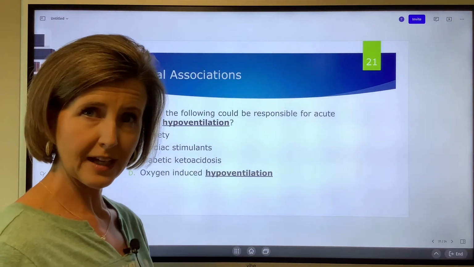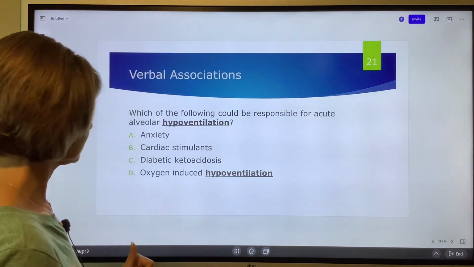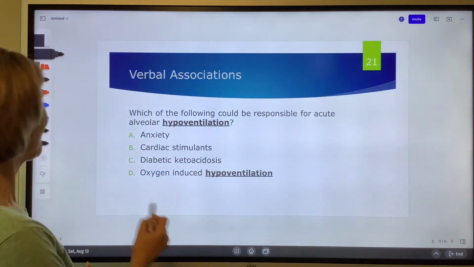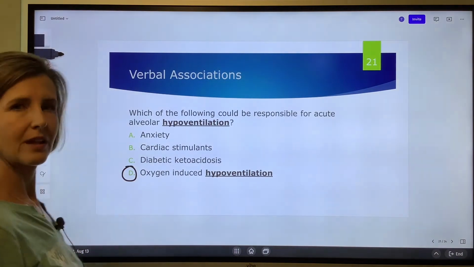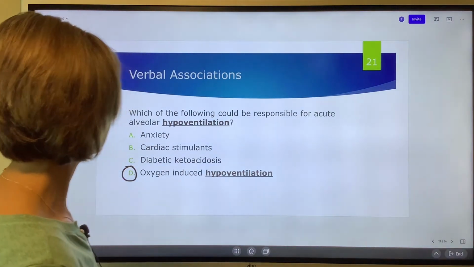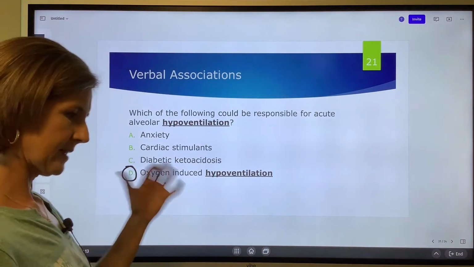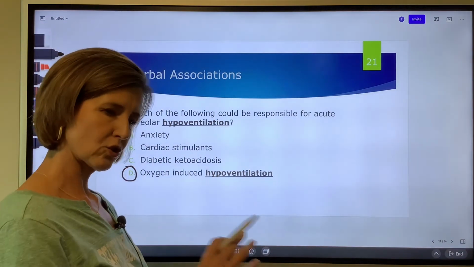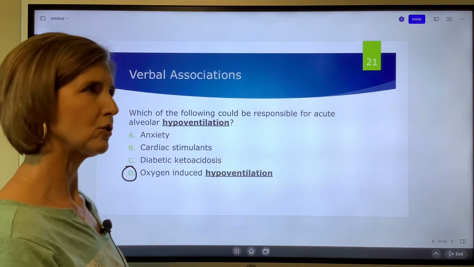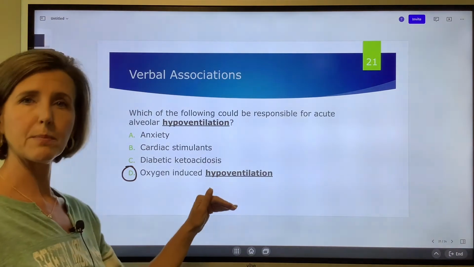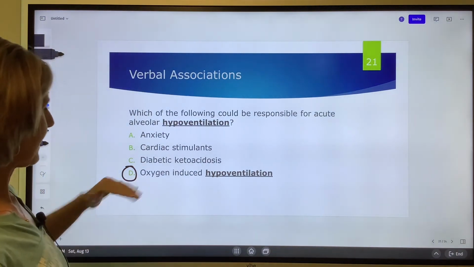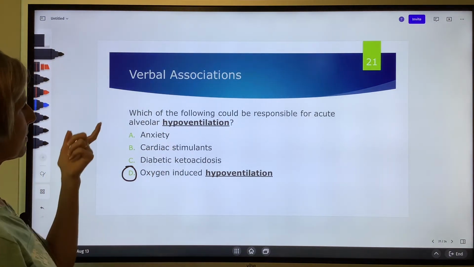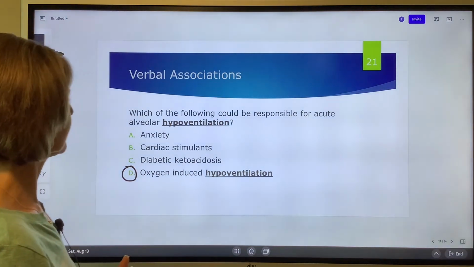So if you're just guessing because you don't know, and there's not an option to increase flow, use your verbal associations. And this is absolutely right because there is a concept, a theory that in certain COPD patients, if you apply too much oxygen, they will hypoventilate. So that's the correct one out of these choices because anxiety causes hyperventilation.